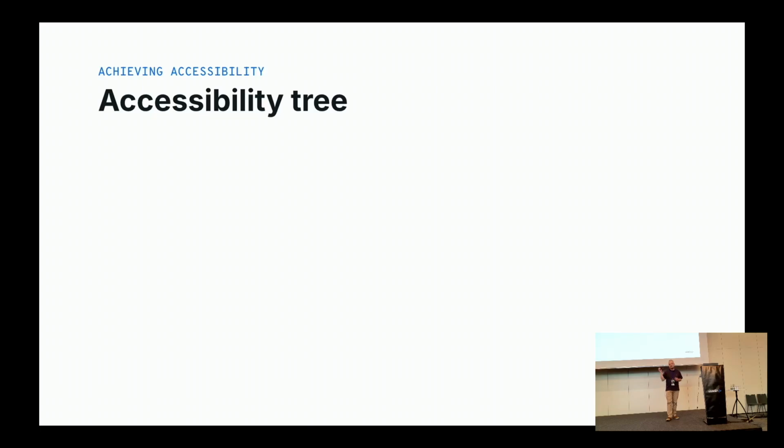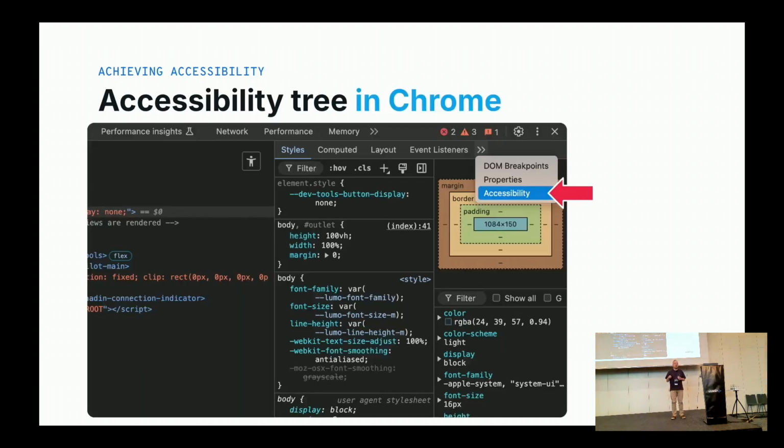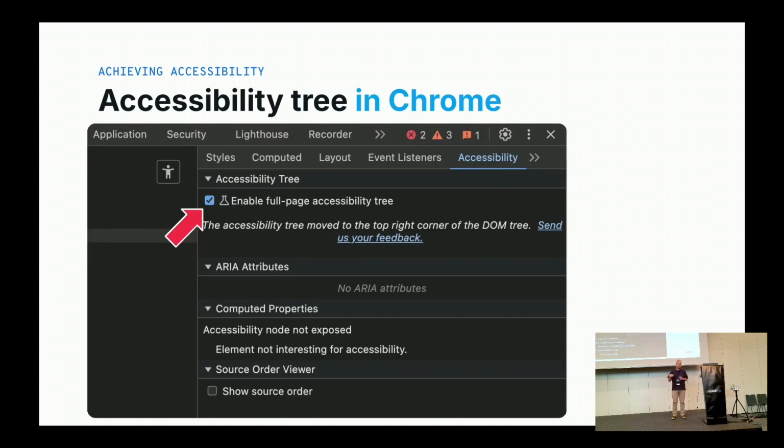So let's first have a look at how we access that thing, because it's available in Firefox and Chrome. Unfortunately, Safari doesn't expose its own accessibility tree. Don't know what's up with that, but let's focus on Chrome and Firefox. So in Chrome, you go to the DevTools, and next to the elements, like the HTML tree, there's this panel with tabs. You click the double arrow to bring up more tabs, and you click accessibility.